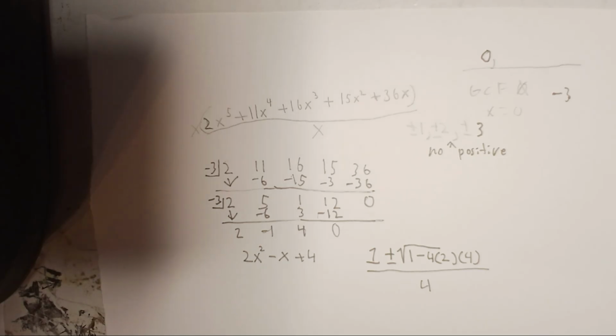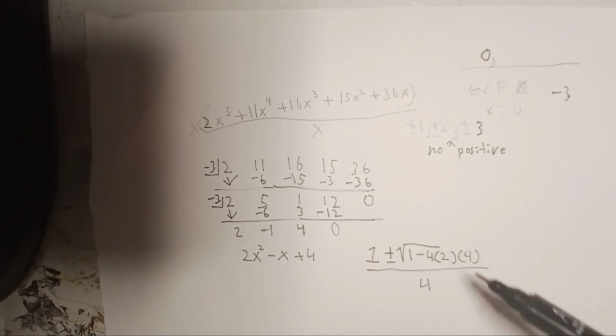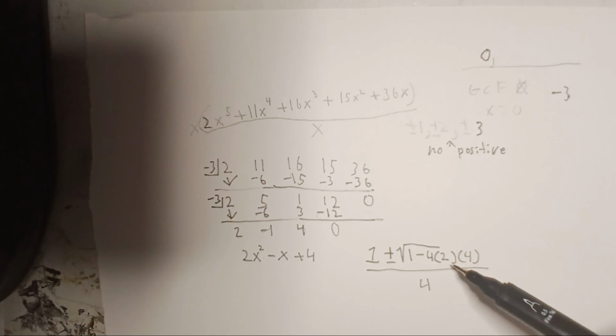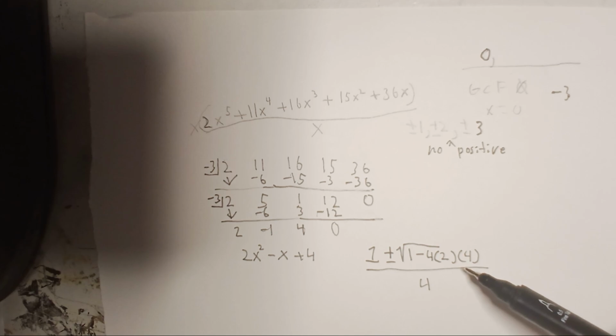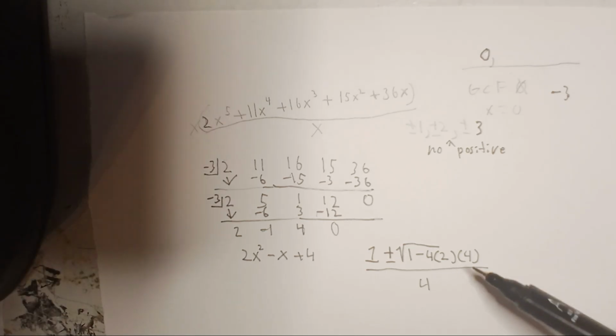Okay, guys. Now we are going to simplify it. Negative 4 times 2 is 8, and 8 times 4 is 32.